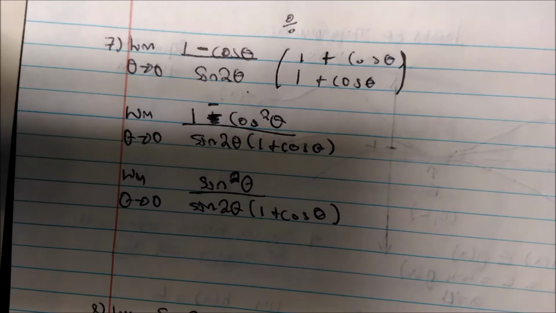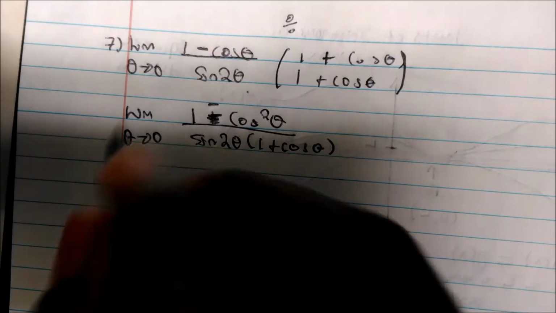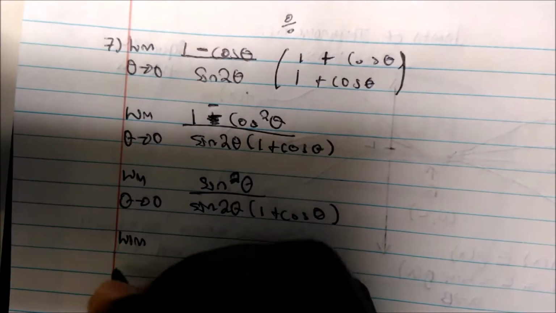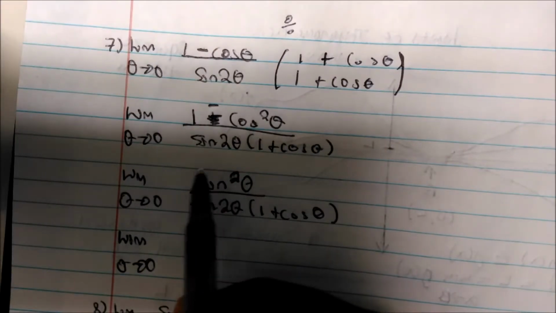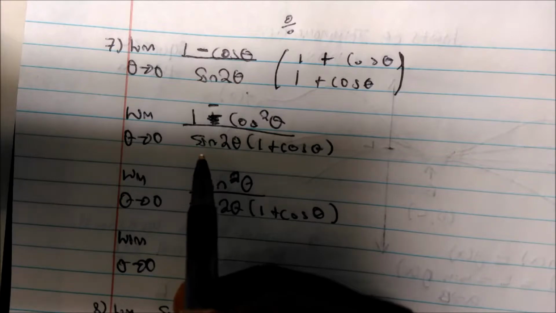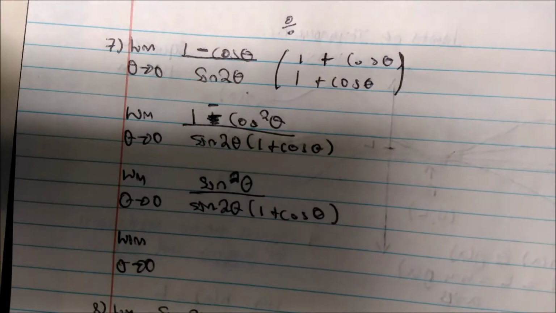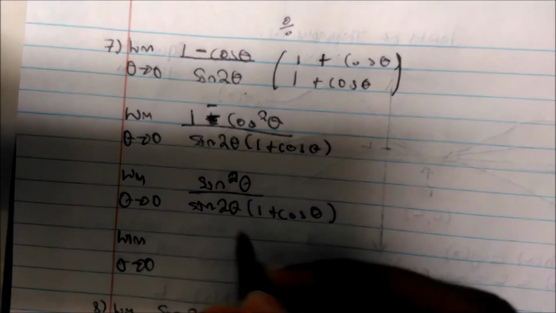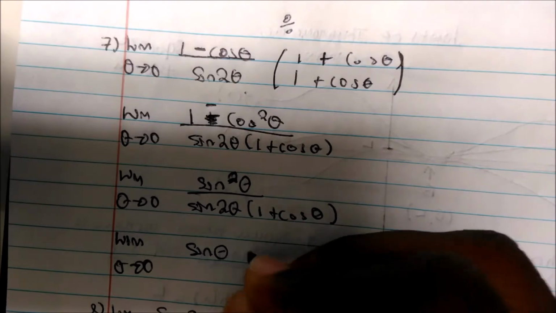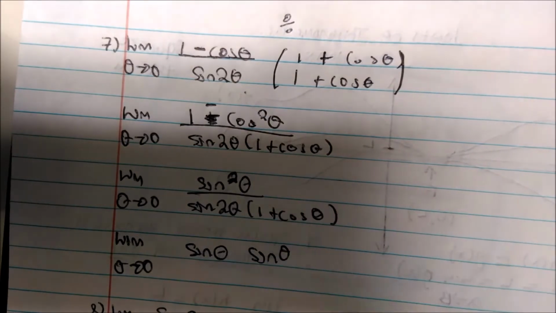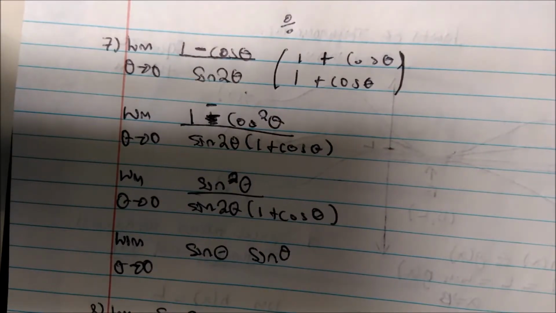Now, here's a little nifty trick that I want you guys to know. Anytime you deal with squeeze theorem limits, anytime you have some squared value of a sine or tangent or anything, you want to always factor that out to its most factored form. So essentially, what do I mean? Well, this sine squared of theta could also be written as sine of theta times sine of theta. Yes?